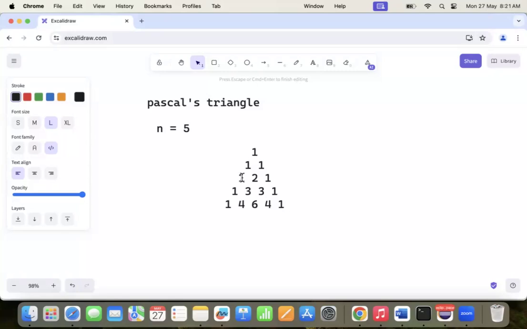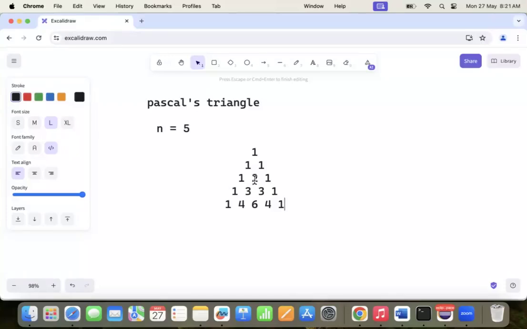Okay, and the middle ones are calculated. For example, how am I getting 2 here? 1 plus 1 is 2. How am I getting 3 here? This is 1 plus 2, 3. This is 2 plus 1, 3. The first and last columns are 1.